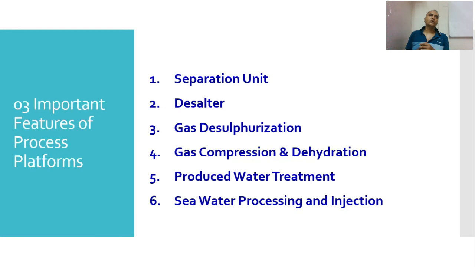So the best option for this is to use the seawater. But seawater we cannot use directly as an injection, because the seawater has certain weeds, certain algae, certain marine plants actually, and certain bacteria also.